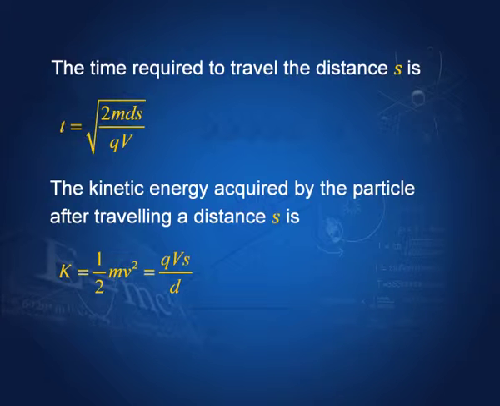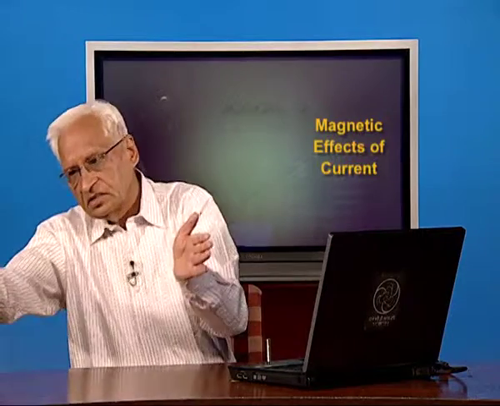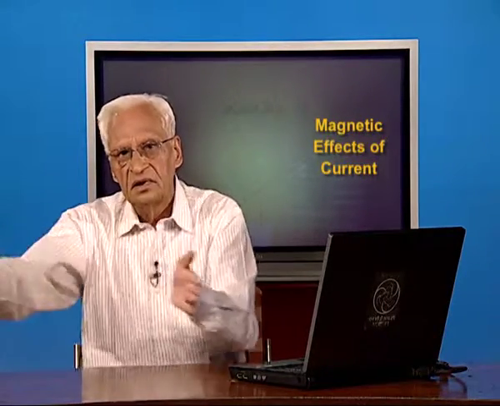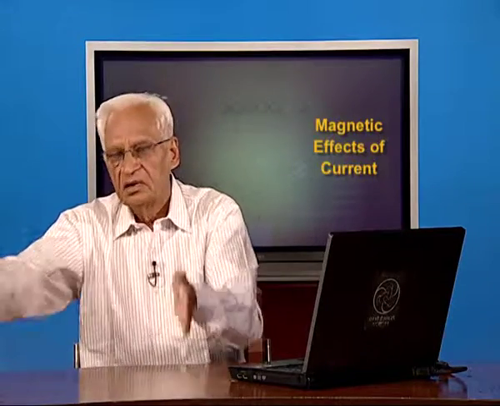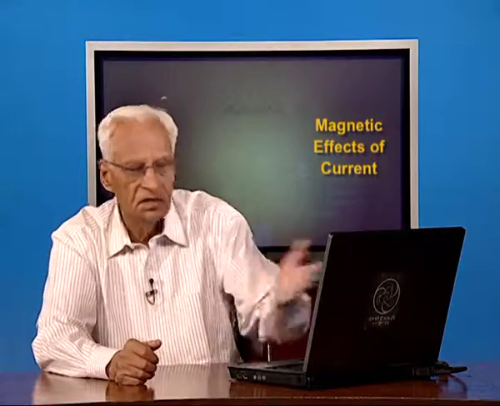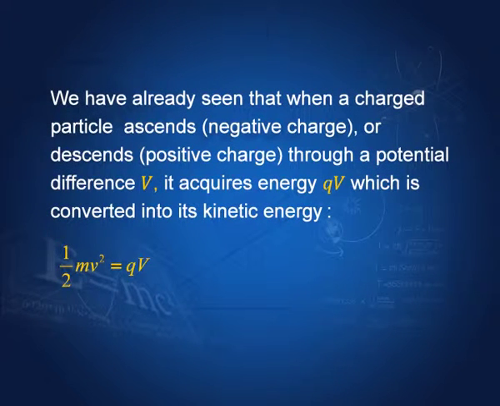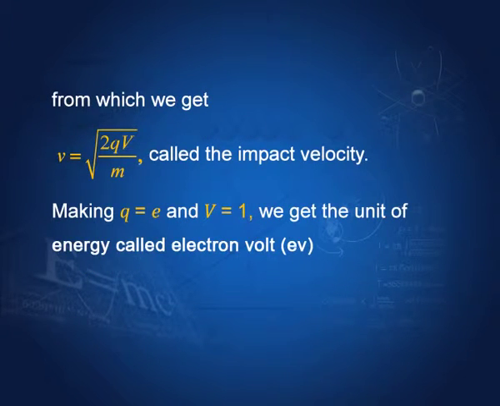So, protons and electrons travelling through the same potential difference, the same distance in the potential difference, they would have the same kinetic energy. So, the kinetic energy is half m v squared equals qV, and from this we get v equal to the square root of 2qV by m, and this velocity is sometimes called impact velocity.